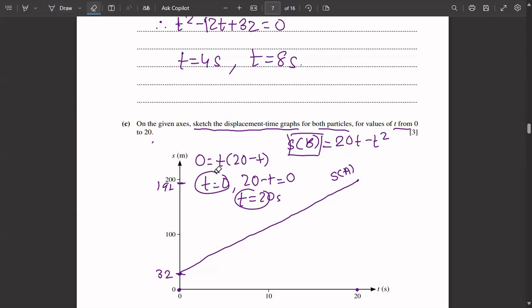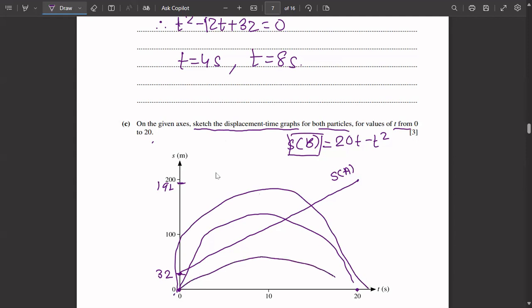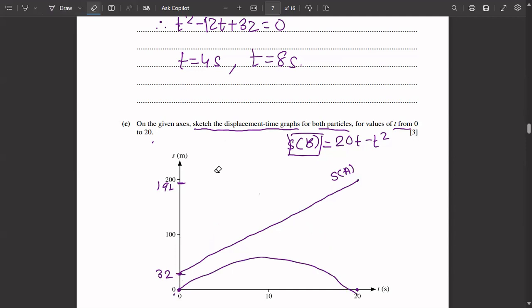Now what we will have to find is the maximum point on the graph, because we know that this will be a quadratic equation and the quadratic equation will have a curve. So what will be the maximum point of the curve? Will the curve be something like this, or something like this, or something like this? In order to find that, we'll have to find the maximum point of the graph.